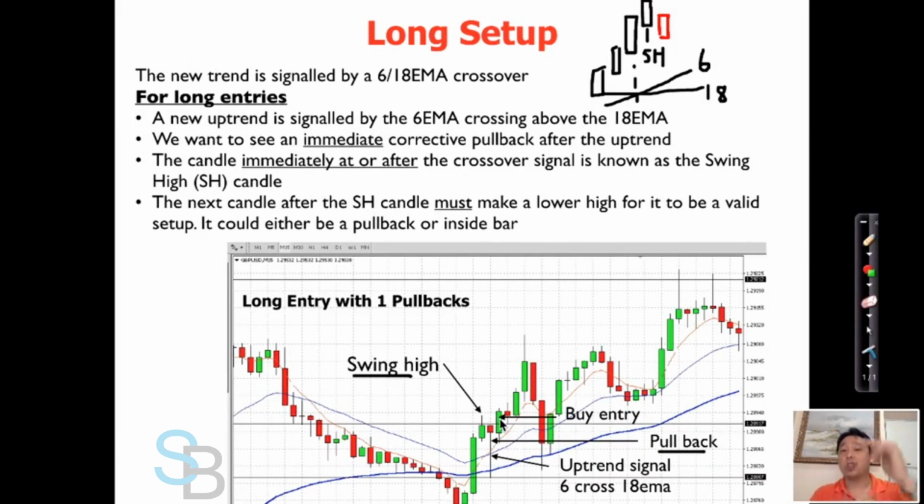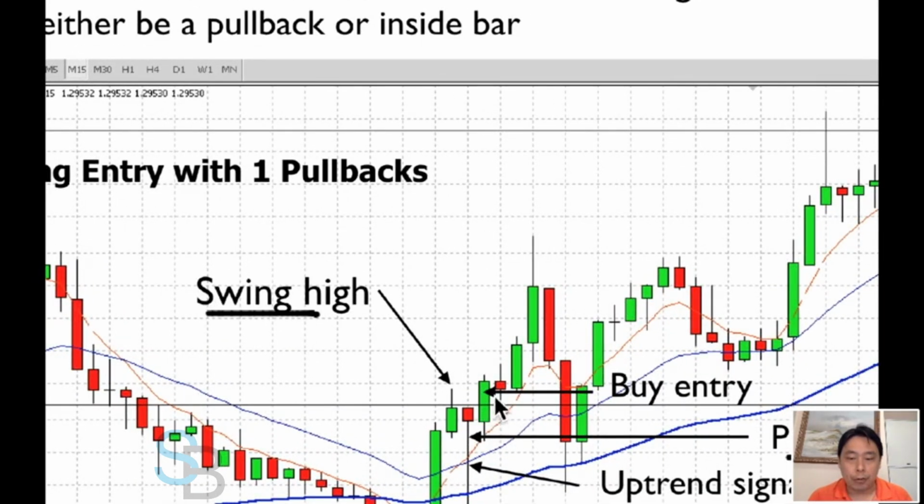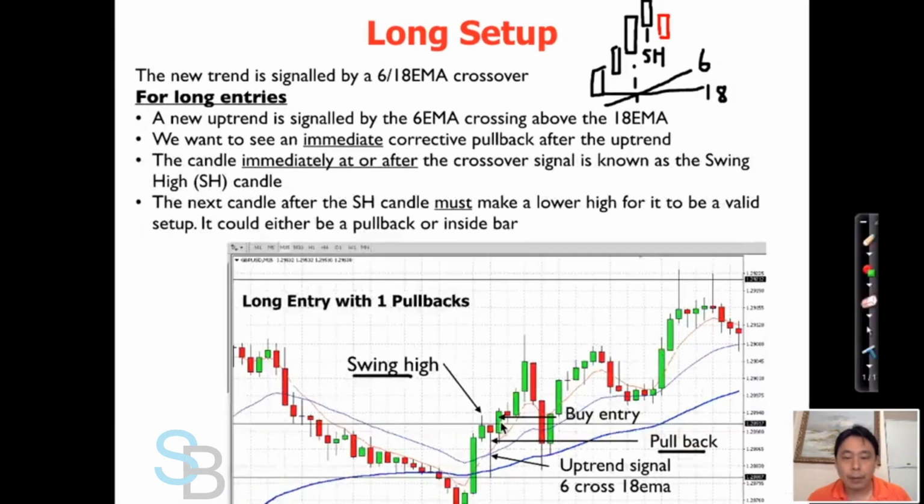Of course, we have to put a stop loss. I'll teach you where to place the stop loss in a couple of slides down the road. But it triggers our order, we're in the trade, and boom, we're riding the trend up. Again, I'll teach you when we take profits in a short while, but just understand this concept.